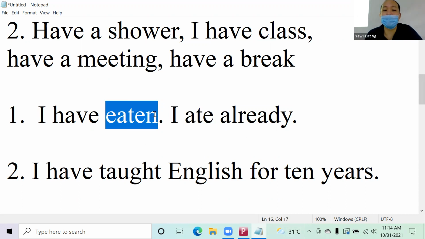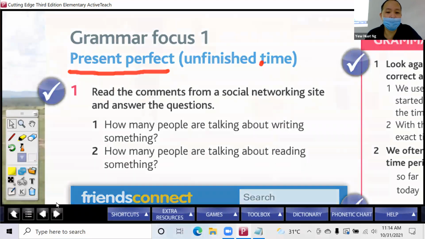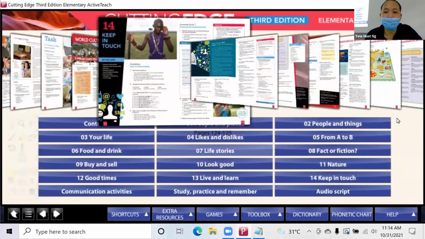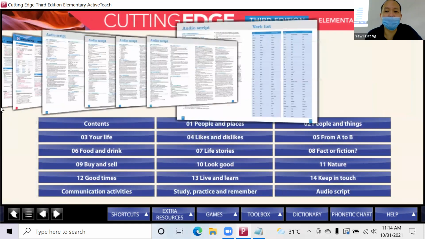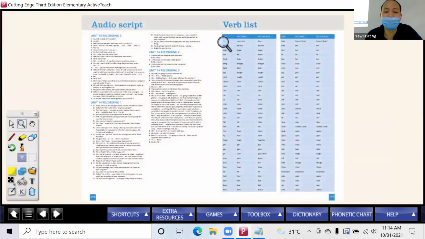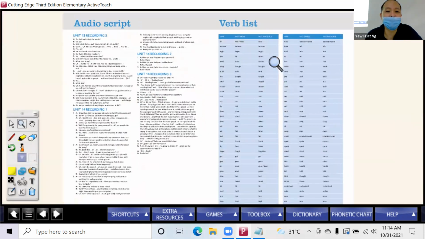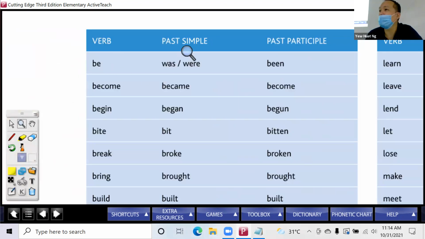And can you see this eaten? Do you know this eaten? Okay, this eaten is from here. You can look at your book, the last page. The last page, can you see you have a verb, your past simple and your past participle?